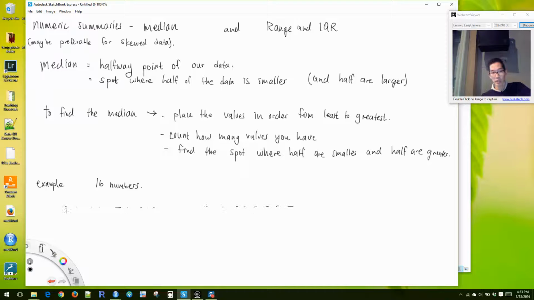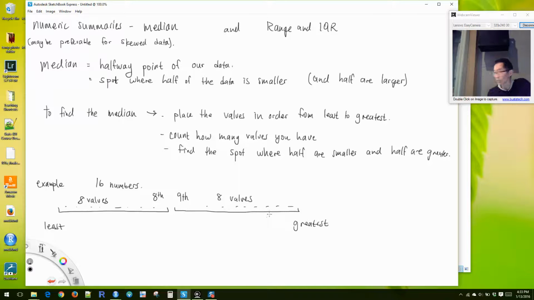And basically, if you have 16 numbers, you're going to have 8 values over here and 8 values over here. If you numbered these, the 8th value and the 9th value are going to be right here in the order.